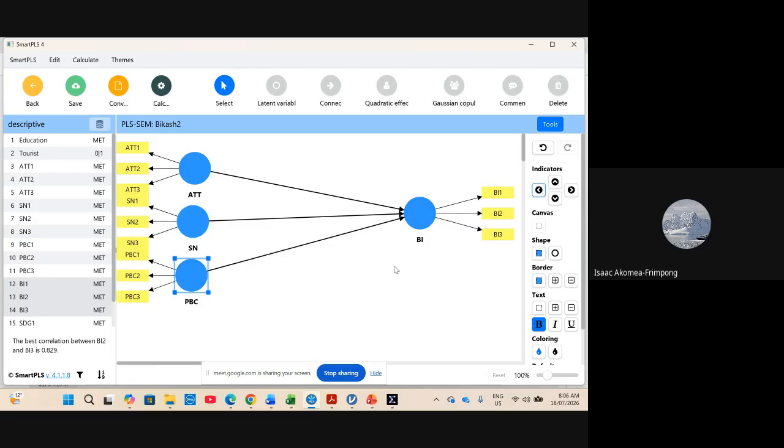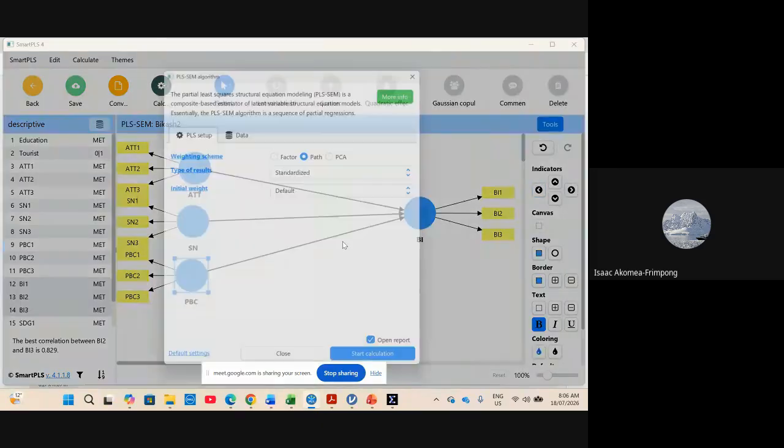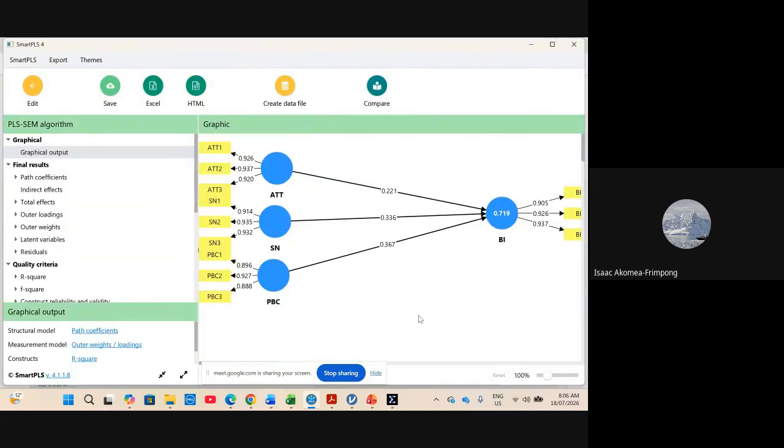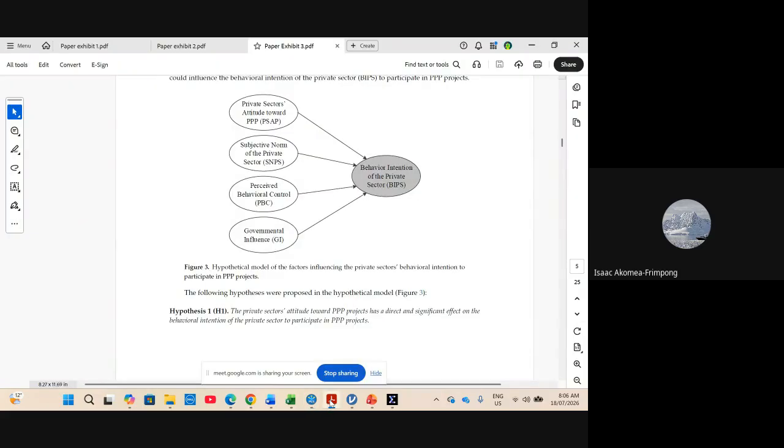I have this. If I want to run, the next thing is I come to the PLS algorithm. Next week, I'll show you the difference between PLS algorithm and then the consistent one, because it's a question that somebody asks during the training.